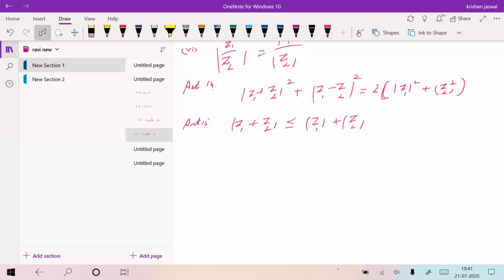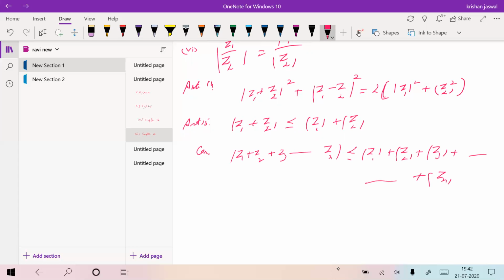And the above result can be extended to n complex numbers. Corollary: the modulus of Z1 plus Z2 plus Z3 and so on up to Zn is less than or equal to the modulus of Z1 plus the modulus of Z2, plus the modulus of Z3, and so on up to the modulus of Zn. Okay, these are results which we will use in questions.